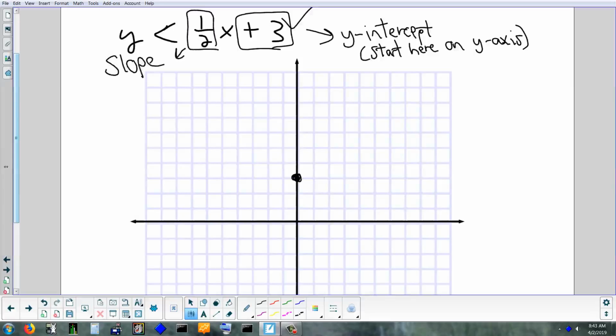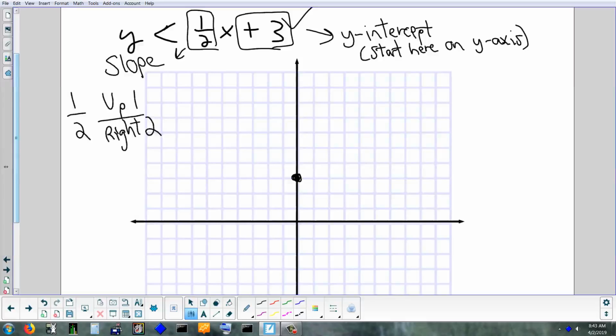What's the slope telling me to do? Yeah, I'm going to go up 1. It's 1 over 2. So I'm going up 1, right 2. Remember now, we're not going back to the origin. Think of it as a game. We rolled the dice once, we're here. We rolled the dice again, we got this.